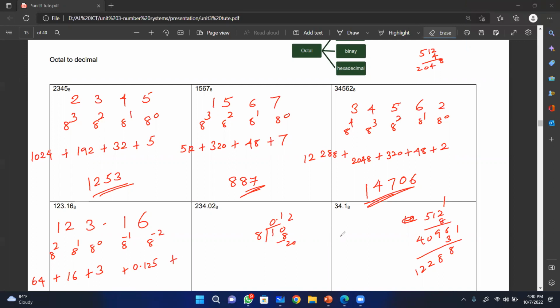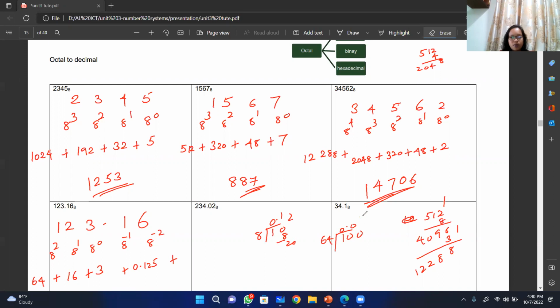Yes, teacher. 1 over 64. Is this 0.0156?